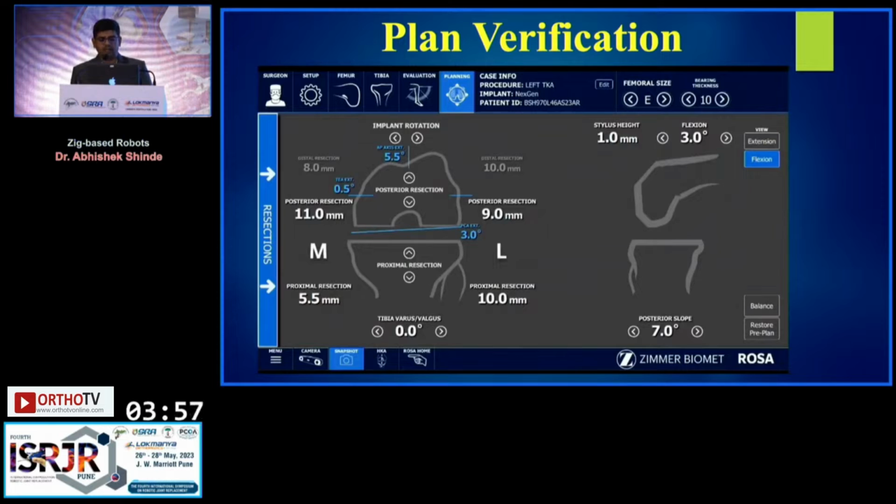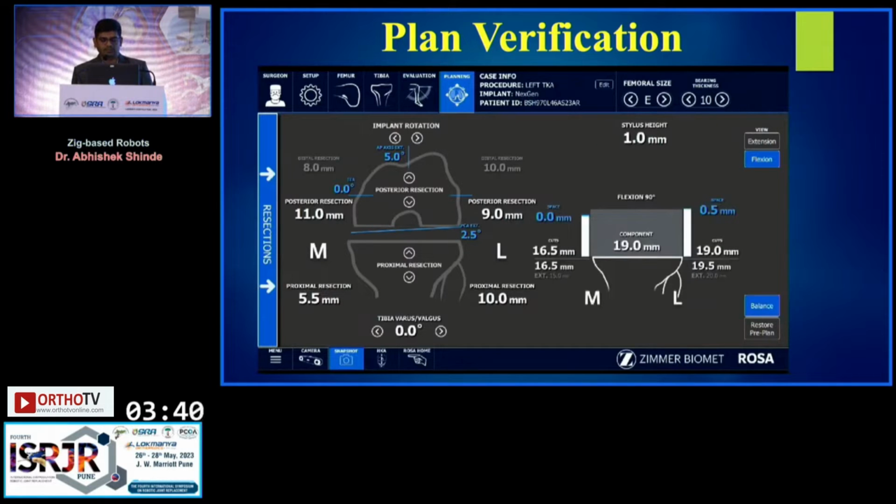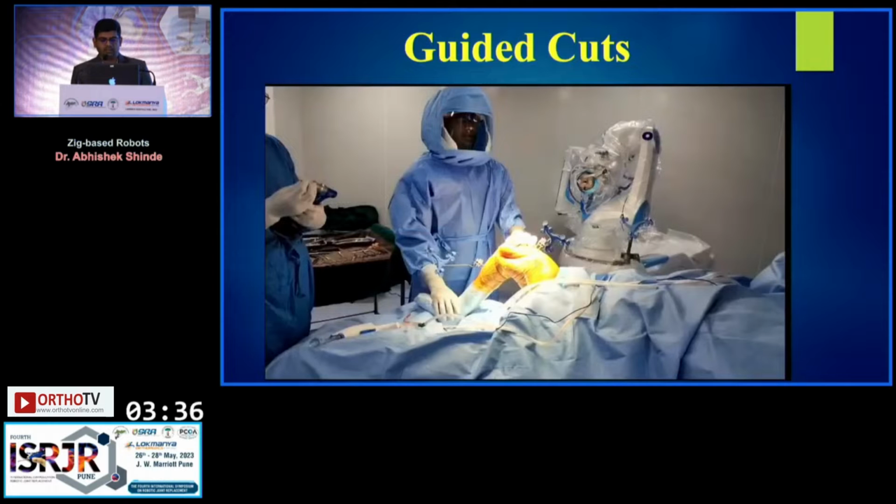You decide how much balance you want, how much distal resection, proximal resection, how much flexion, slope and rotation you want to give, and accordingly you can plan and take the guided cuts. So these are the guided cuts.